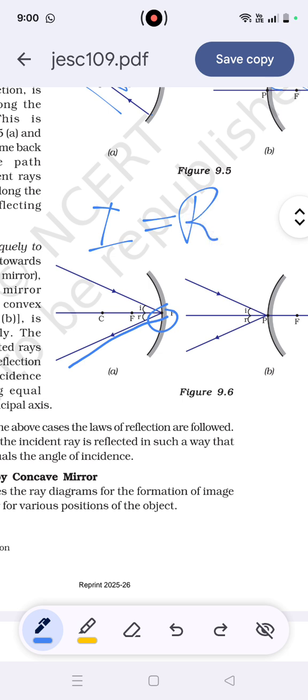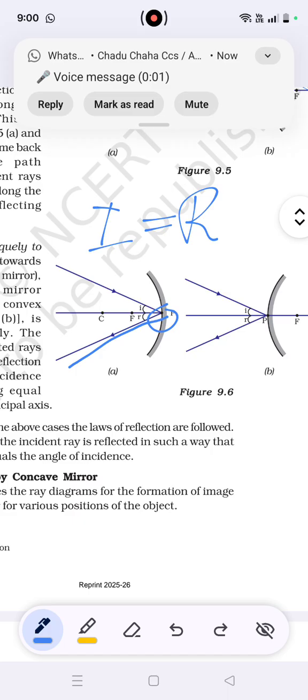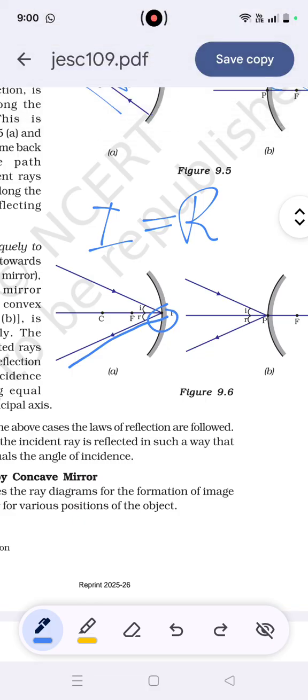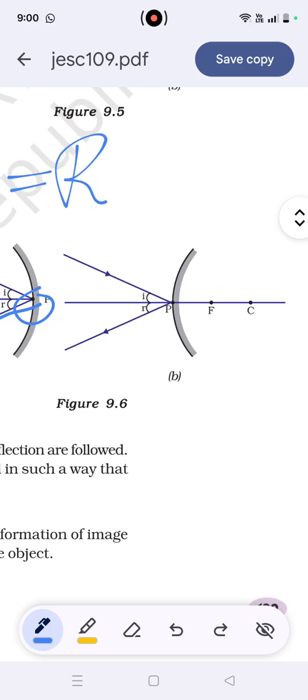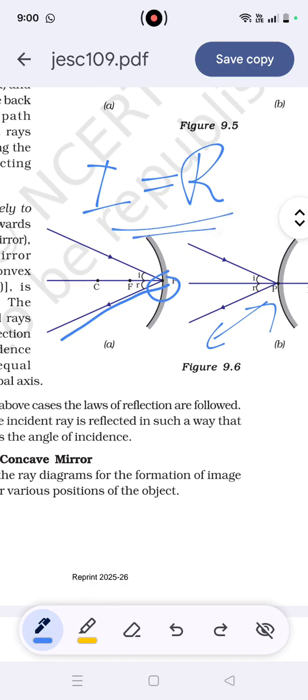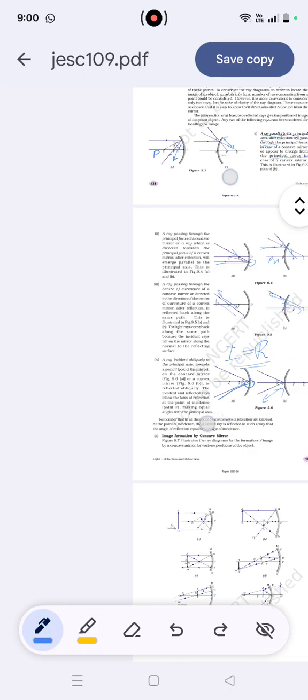So when a ray is incident on the pole, after reflection it comes back in the other direction by following the law of reflection. This is what is given in this whole part.